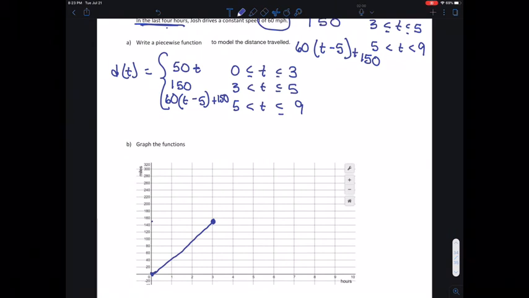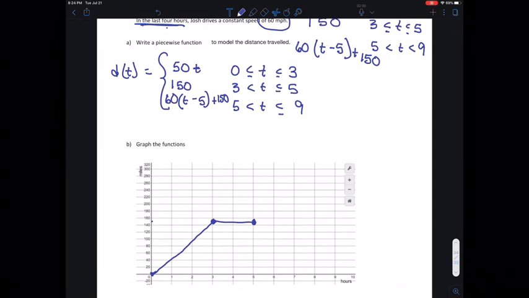Then for 2 hours, I'm not going anywhere. So from 3 to 5, I just stay steady for the next 2 hours. And then I travel 60 miles per hour. Where do I end up in 9 hours? I can just figure out my end point and draw my line.